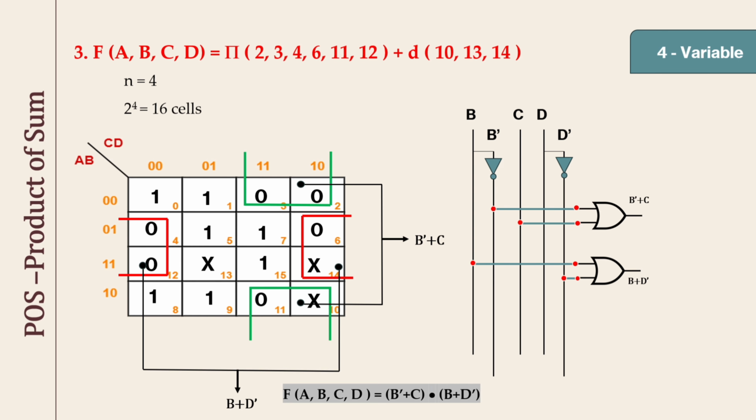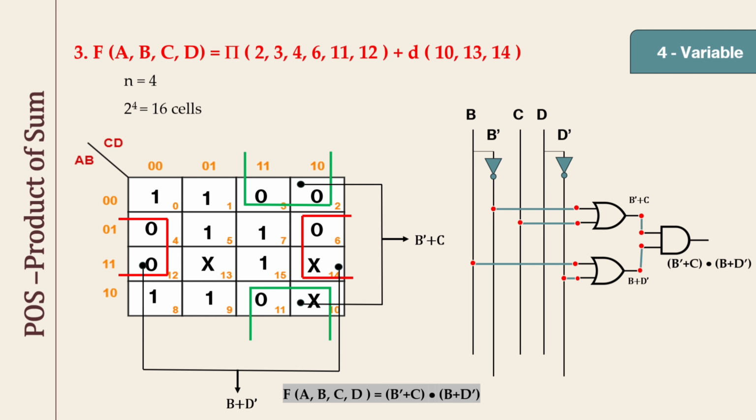As per the final expression, we need to AND the outputs of these two OR gates to get the final expression, so we need an AND gate. For this AND gate, we are taking the inputs as the output from the first OR gate and the output from the second OR gate.